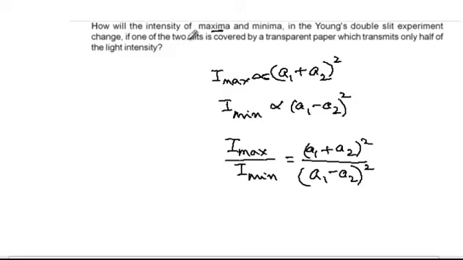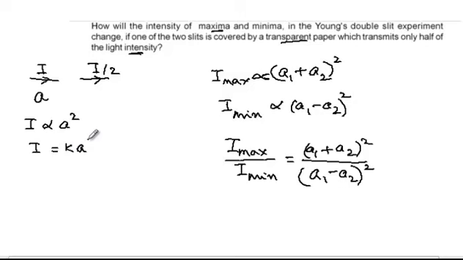Now when one of the slits is covered by a transparent paper so that only half of the light intensity gets transmitted, that means if the original light coming through is I, now this has become I by 2. Now if I corresponds to an amplitude of A, and the intensity is proportional to the square of the amplitude, I is equal to K times A square.